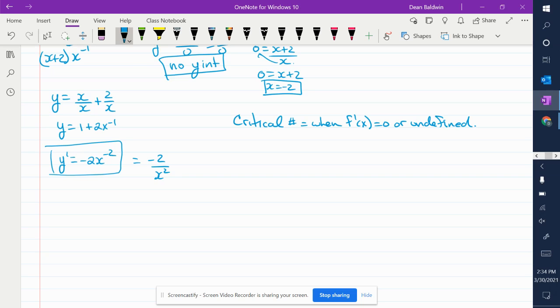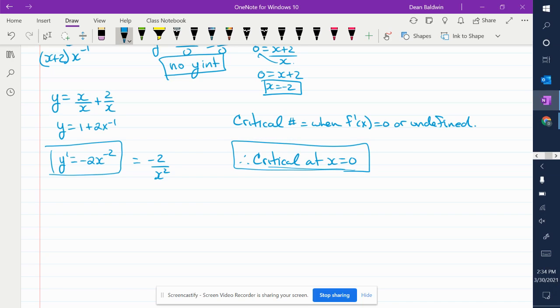You can have both, yeah. We'll do one that has both. All right. So 0 is the only one, right? Because if I put 0 in there, I get an undefined value. So we have, therefore, a critical number at x equals 0.